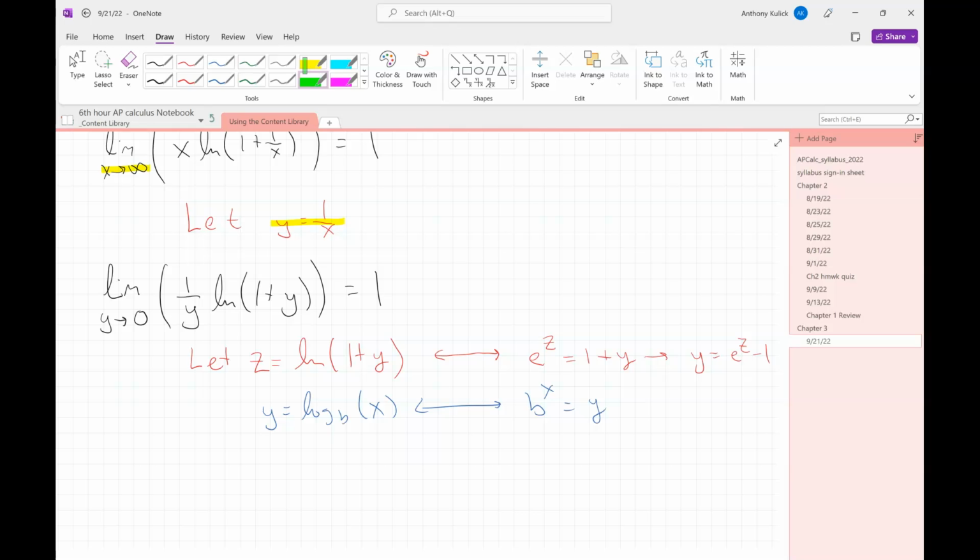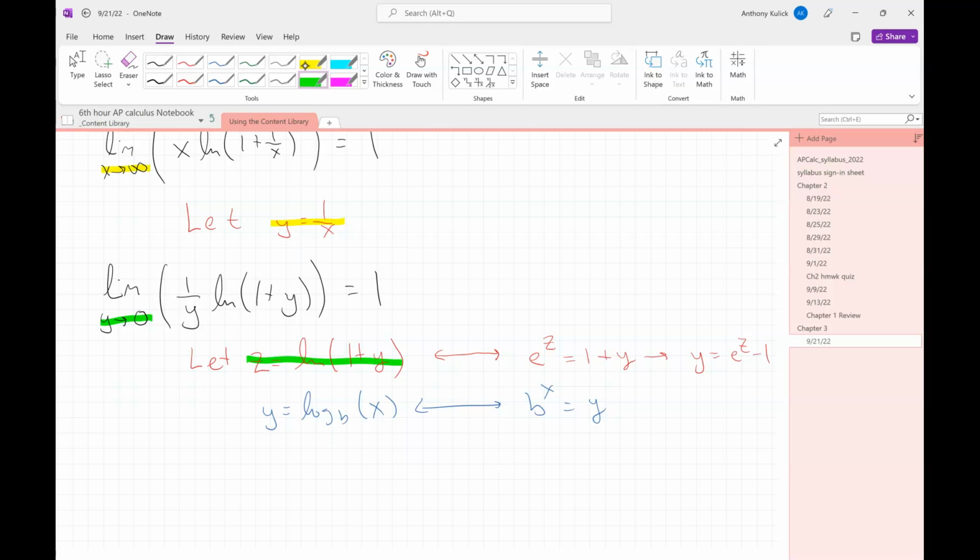So as y approaches 0, what's going to happen? Let's look at this one, this will be easier. So y approaches 0. What is z going to? Well, when y goes to 0, I have the natural log of 1 plus 0, right? What's the natural log of 1? 0.